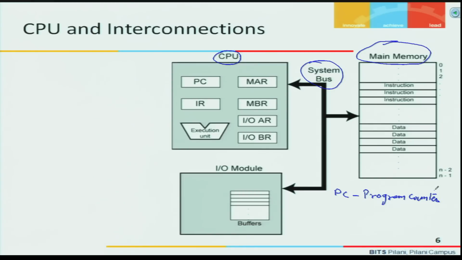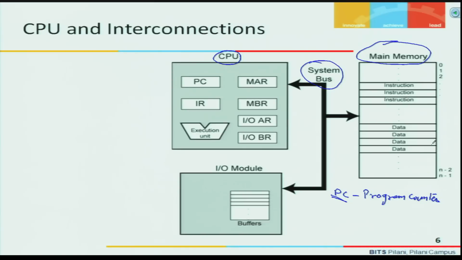The purpose of this program counter, as the name specifies, is that it keeps the address of the instruction which is to be executed next. So from here the processor comes to know that this is the place from where the next instruction has to be fetched, and after executing each instruction this PC value has to be updated. Then only the processor can execute instructions one by one from your program which is already loaded in the memory.